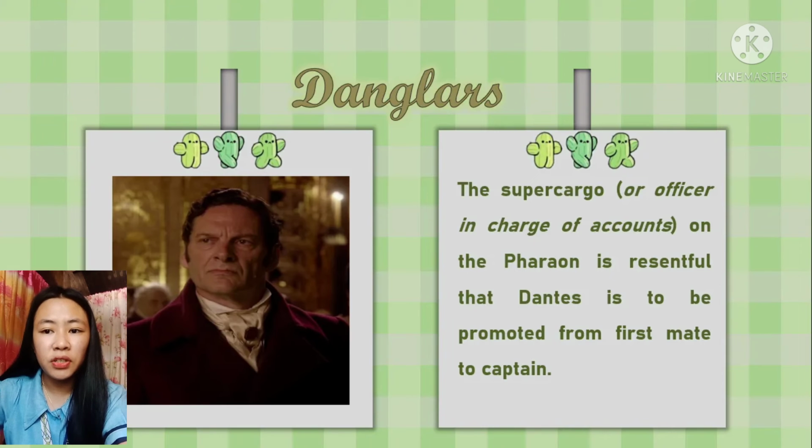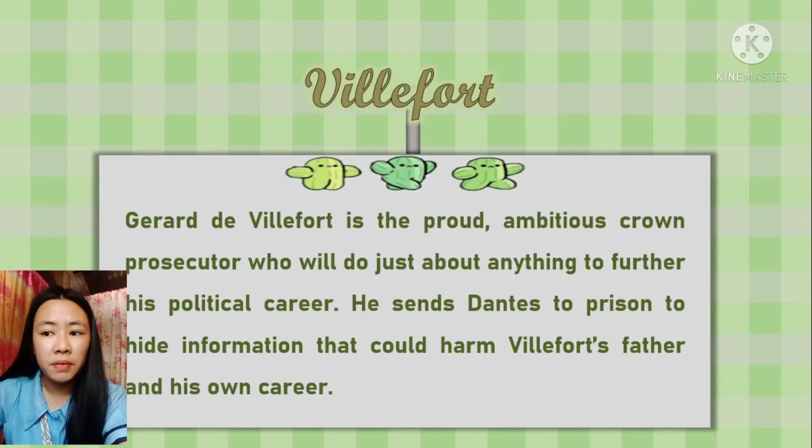Next, Gerard de Villefort is the proud, ambitious crown prosecutor who will do just about anything to further his political career. He sends Dantes to prison to hide information that could harm Villefort's father and his own career.